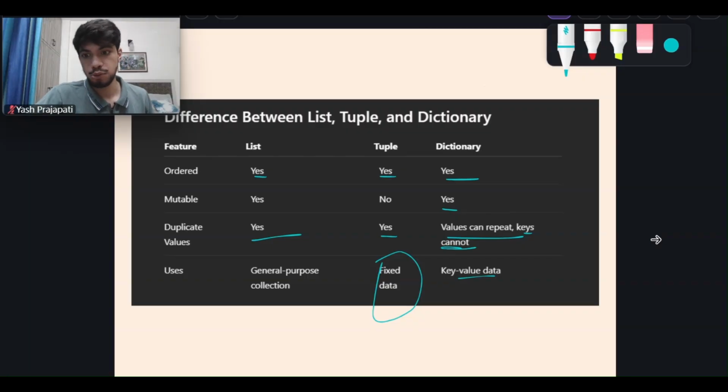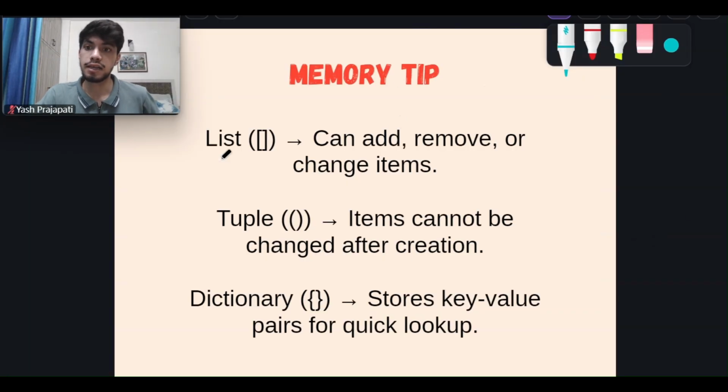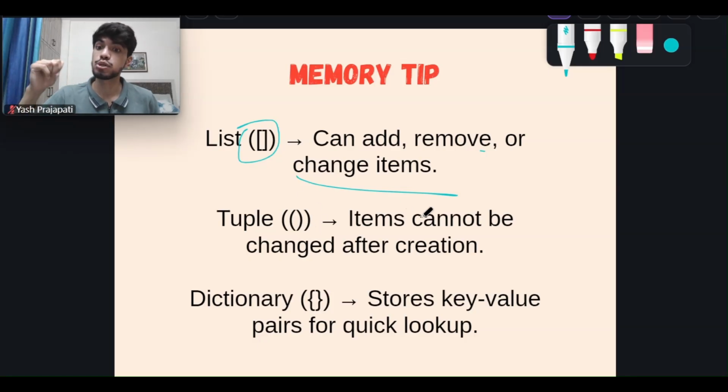Now some memory types. Here lists are used inside square brackets and we can add, remove, or change items. We can see that it is mutable. Now tuple is only used in parentheses, which we can say are the curved brackets.